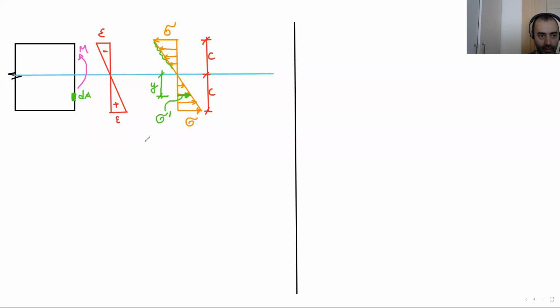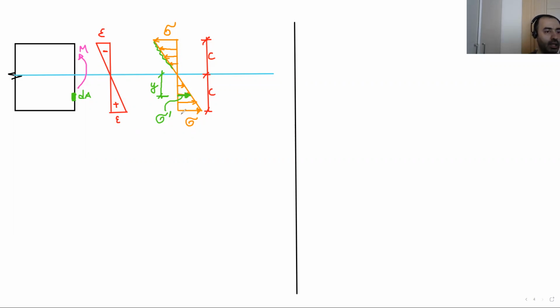Otherwise, if we don't make this assumption, we can't draw this line to present the stress distribution.